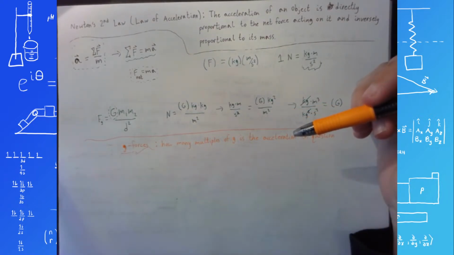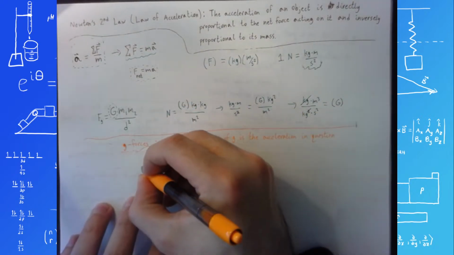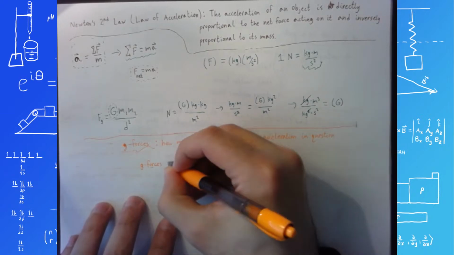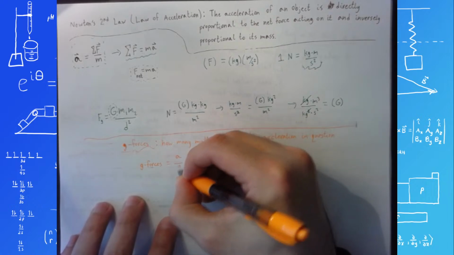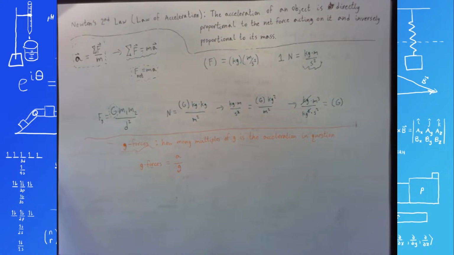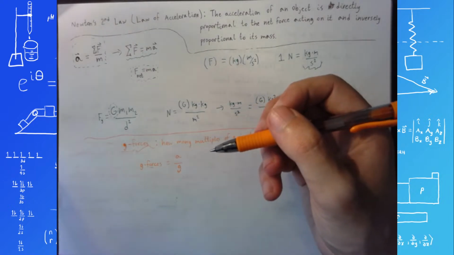So, yeah, it's really just take whatever acceleration you've calculated, G-forces equals the acceleration divided by G. And that's really it. If I have an acceleration, I calculate it to be 98 meters per second squared, then divided by 9.8, that comes out to exactly 10.